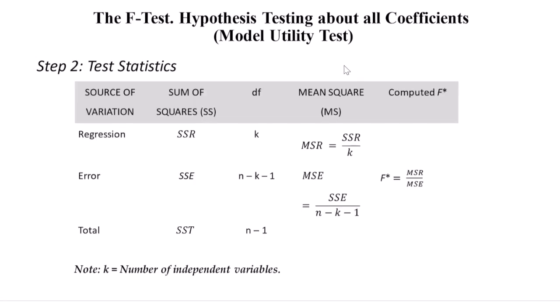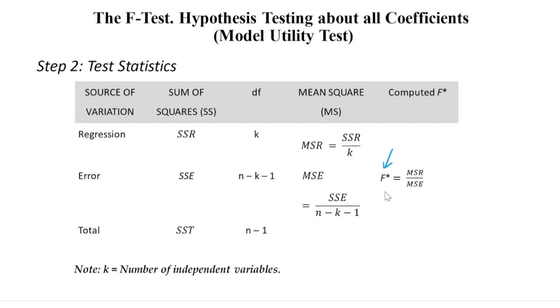So once we have written our hypothesis, the next step is to calculate the test statistic. And to calculate the test statistic, we would need an ANOVA table. The test statistic would be the F value over here, or the F star.